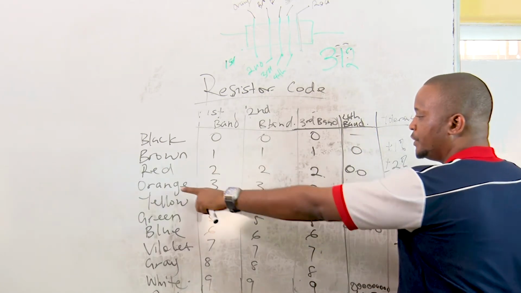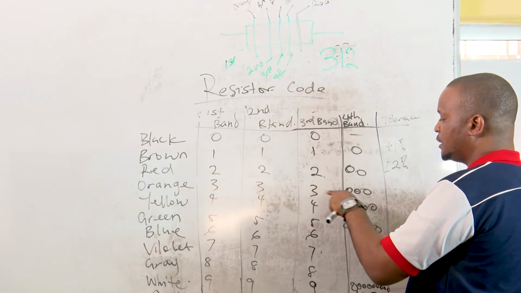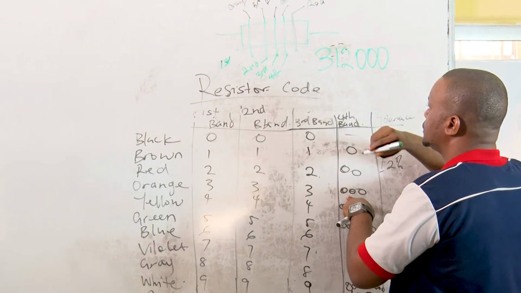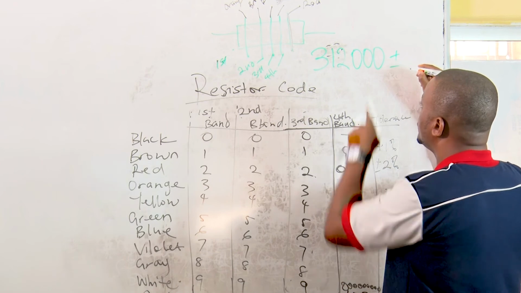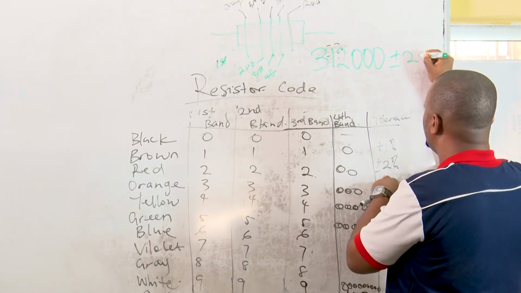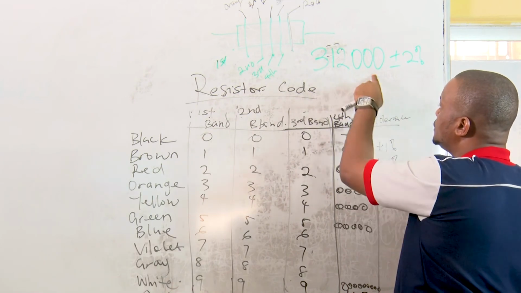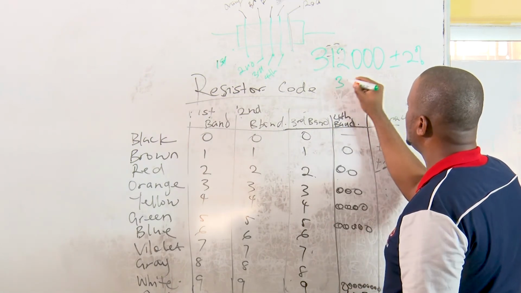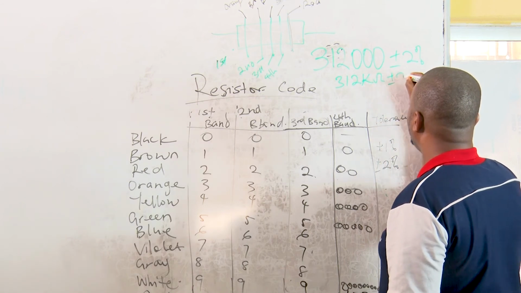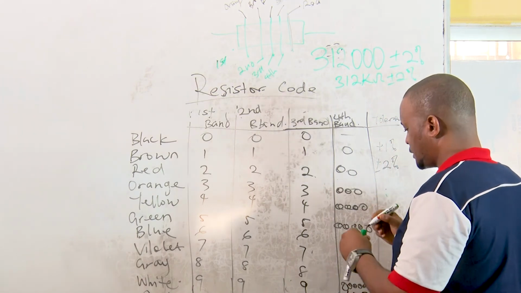Of course, orange, which is 3. And then you expect to have what? 3 zeros. Okay? Plus or minus, red is what? Plus or minus 2%. So this will give you 302 kilo ohms plus or minus 2%.